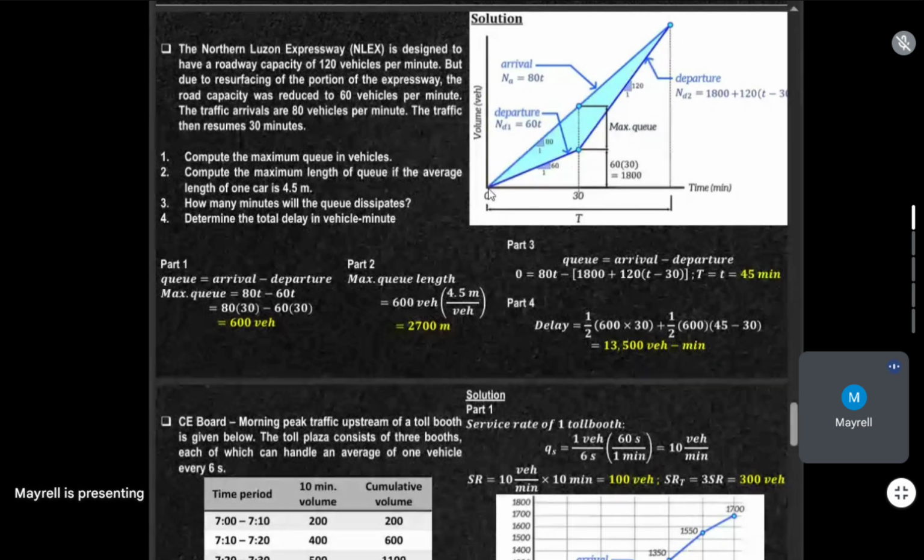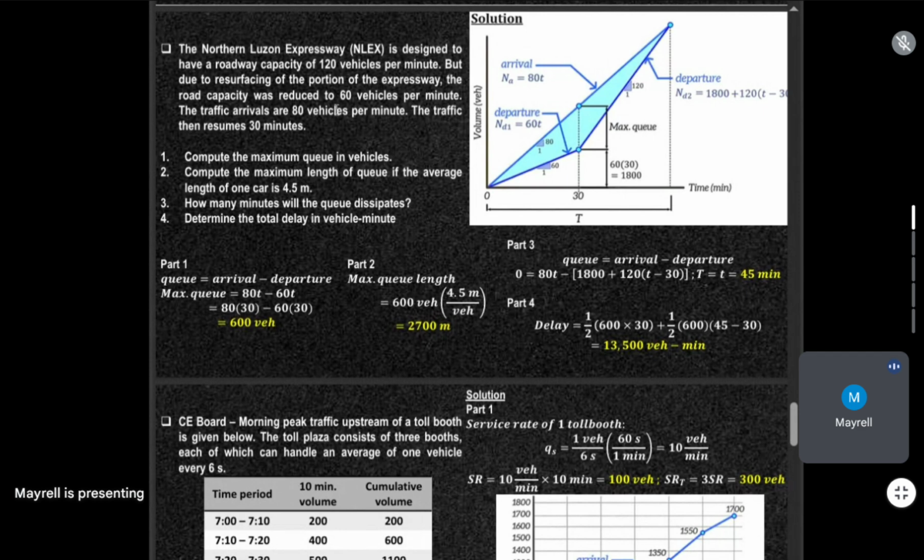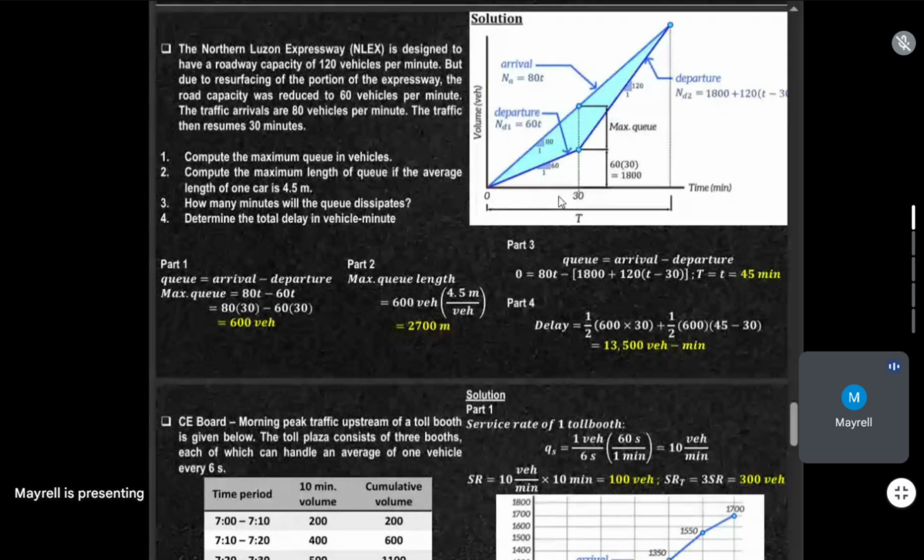For the first 30 minutes, normally the capacity is 120 vehicles per minute. But then it is reduced to 60 vehicles per minute. So you plot the time from 0 to 30.